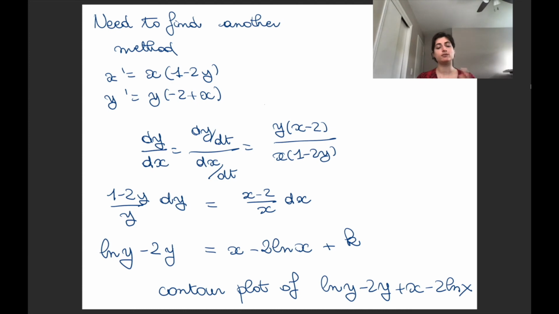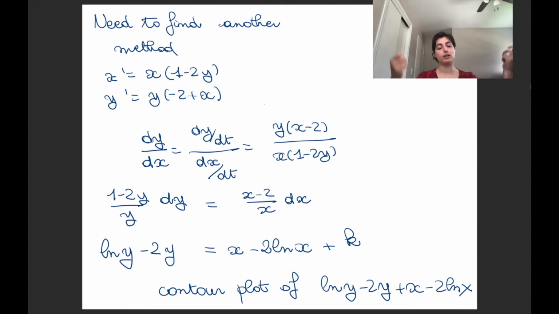We use the method of ratios between dx and dy. So we write dy over dx as the ratio between dy over dt and dx over dt. That means, coming from our equation, we have y times x minus 2 divided by x times 1 minus 2y. We can move things around, and we have 1 minus 2y divided by y times dy equals x minus 2 divided by x times dx.